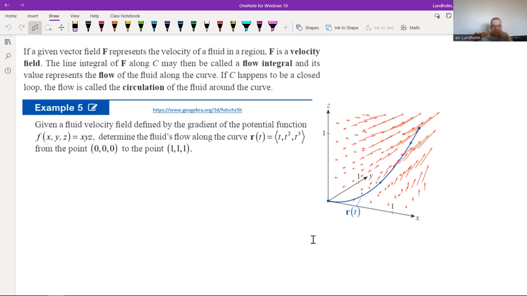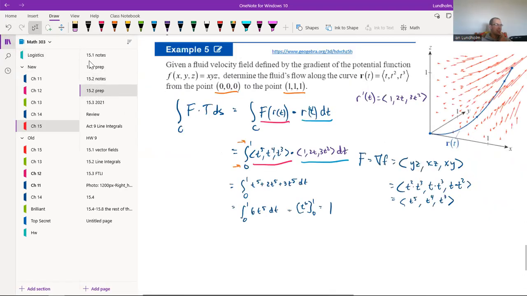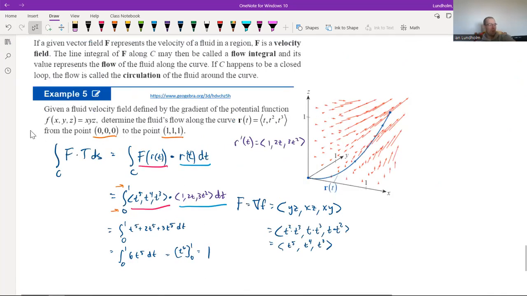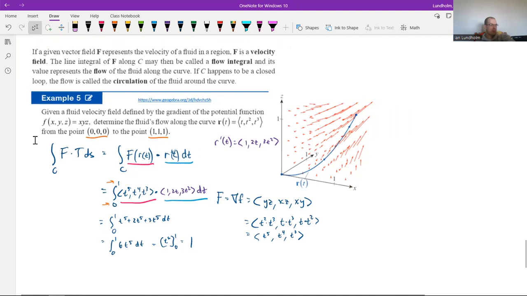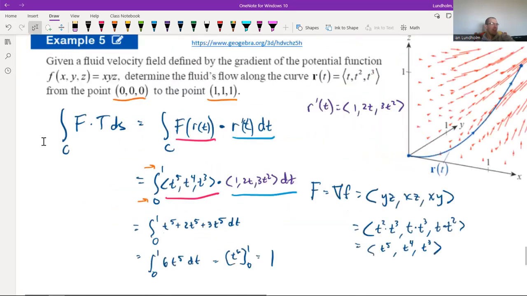Okay, for this last one, to save time, let's just take a look at what I did before. The scroll wheel. There we go. Oh, my Lanta.